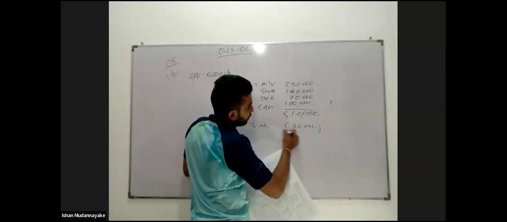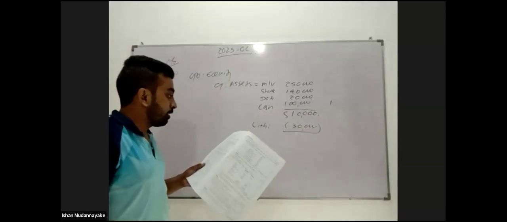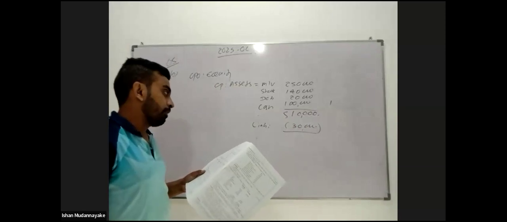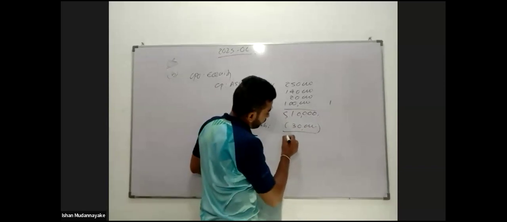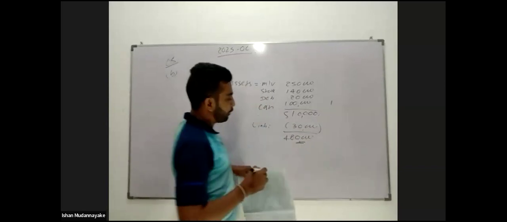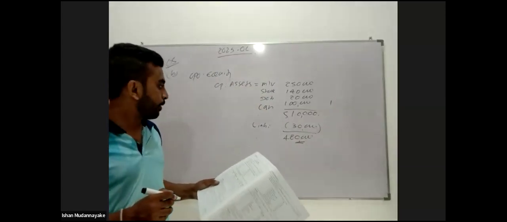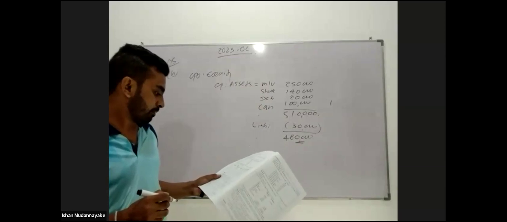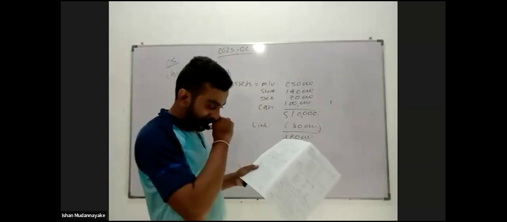Then how much is opening equity? 510,000 minus 30,000, that is 480,000. Opening equity 480,000. Because of the transaction occurred in the period, minus 10,000 plus 10,000, no impact to equity.